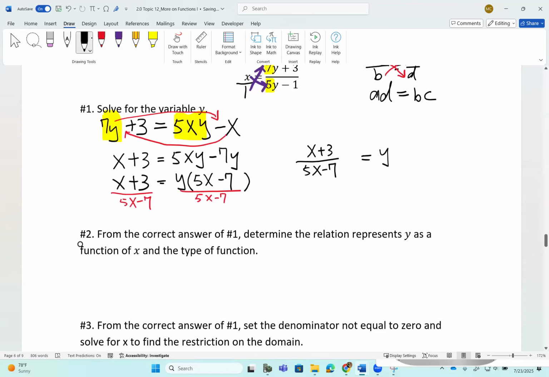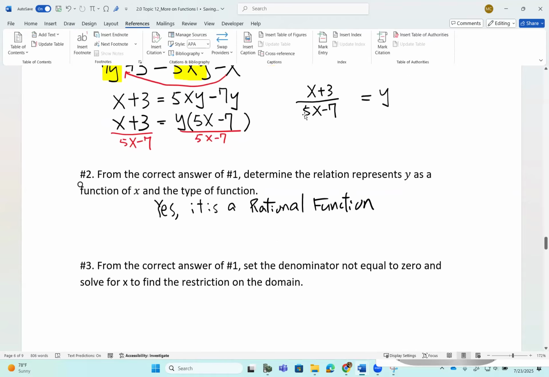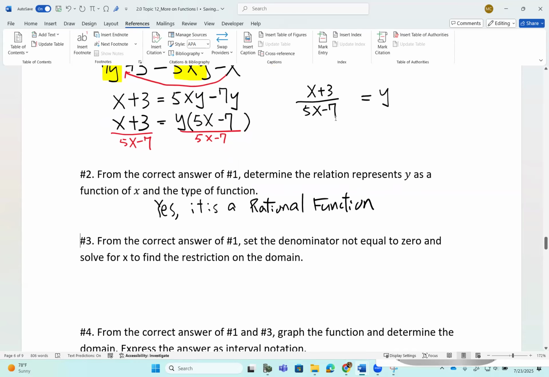So does y represent a function of x? Yes. What kind of function is this one? Yes, it is a rational function, right? Because it's a fraction. All right, so from the correct answer number 1, I'm gonna set the denominator not equal to 0, because I'm looking for the domain here.